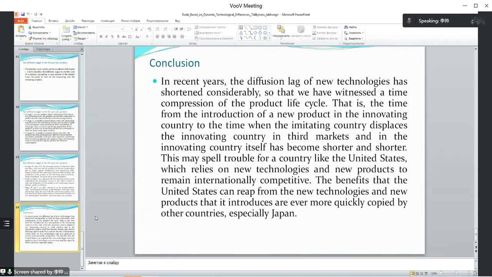This may spell trouble for a country like the United States, which relies on new technologies and new products to remain internationally competitive. The benefits that the United States can reap from the new technologies and new products that it introduces are even more quickly copied by other countries, especially Japan. That's all for my presentation. Thank you very much.